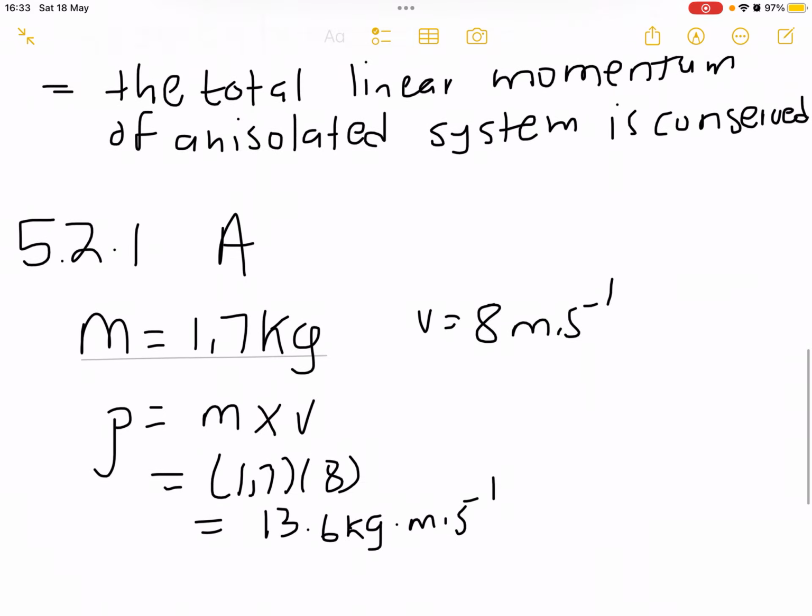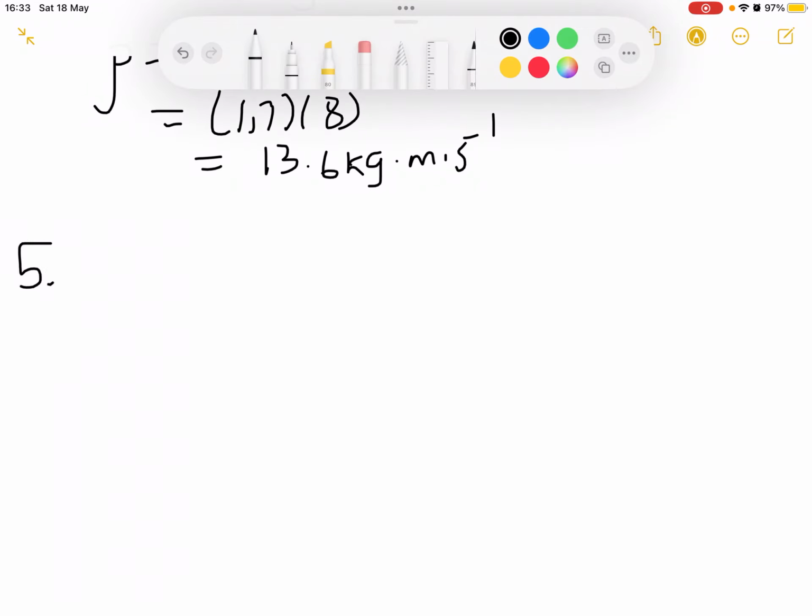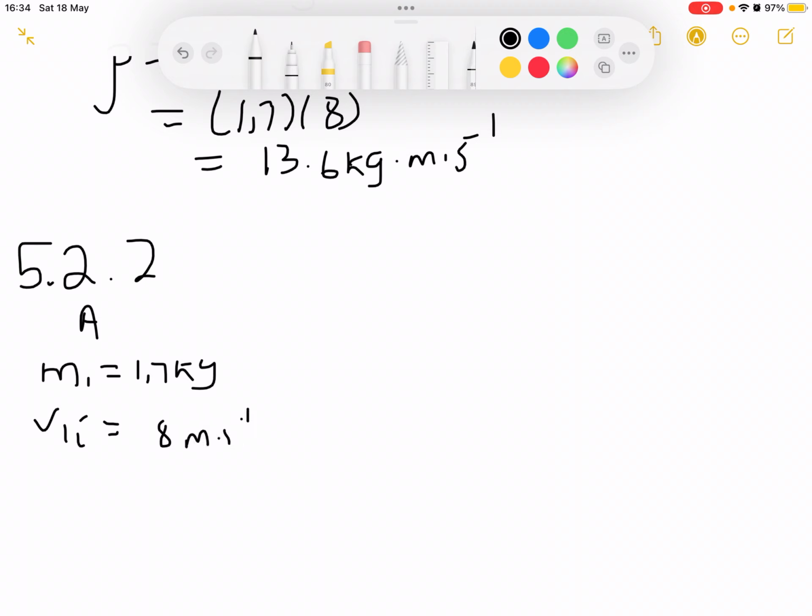And how do we apply the principle of conservation of momentum? So this is 5.2.2. We need to state our data. For block A, we have the mass, which is 1.7 kilograms. We have the velocity initial, which is 8 meters per second.